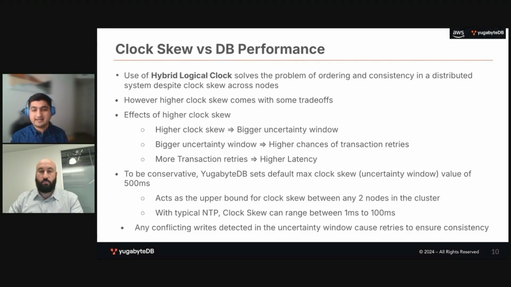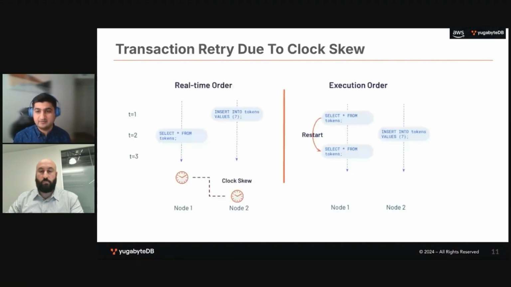This also acts as an uncertainty window. If we detect any conflicting writes happening to the same key or the same record in the database within this uncertainty window, then to ensure consistency, YugabyteDB has to restart the transaction. So going back to our previous example, we first got an insert statement, which went to node 2, and then there was a select statement, which went to node 1.